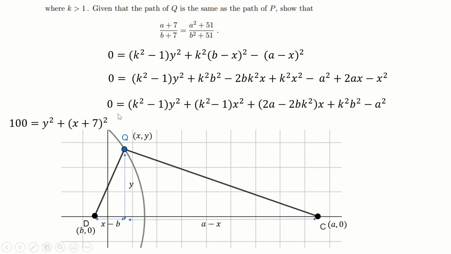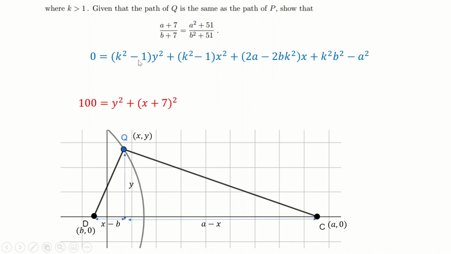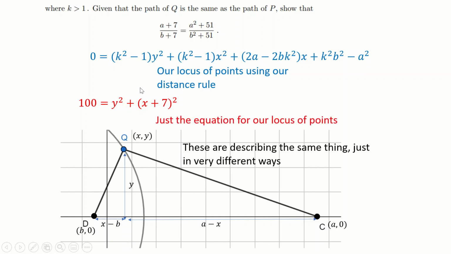So these two things are describing the same thing. They're describing the same locus of points. So let me just recap that. This via the distance formula is describing this locus, and this via just how Cartesian geometry works is describing this circle, this locus of points. So they're both describing the same thing.